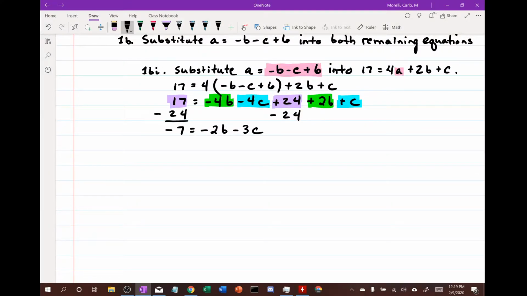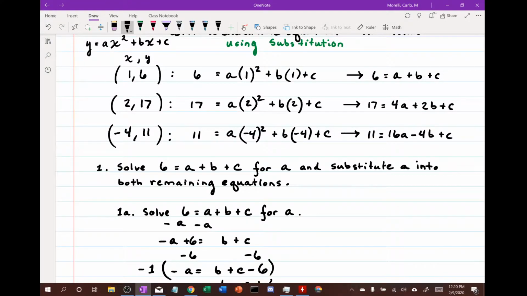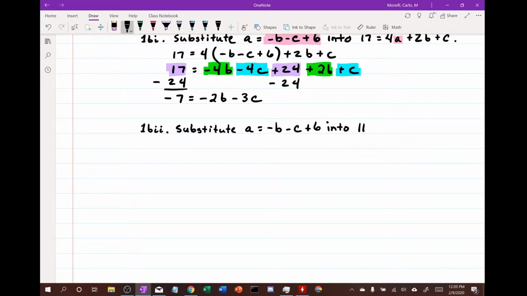So now we will go on to part 1b II, which is substitute a equals negative b minus c plus 6 into my second remaining equation, which is 11 equals 16a minus 4b plus c.